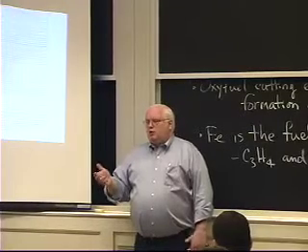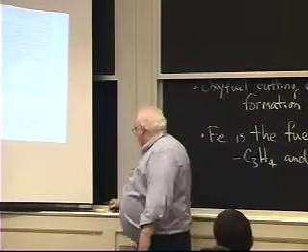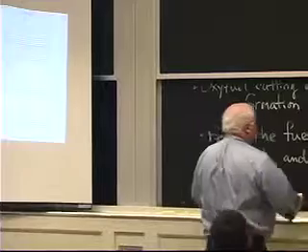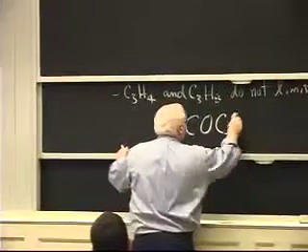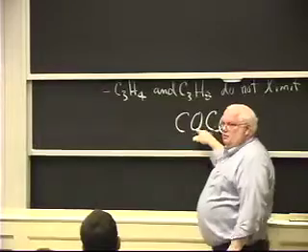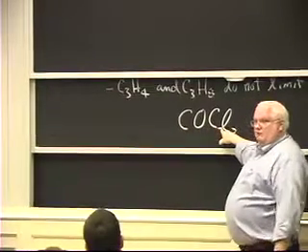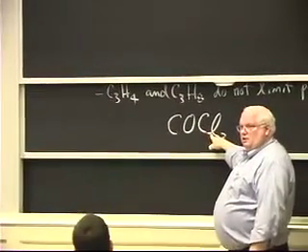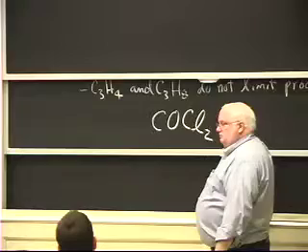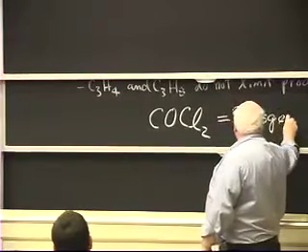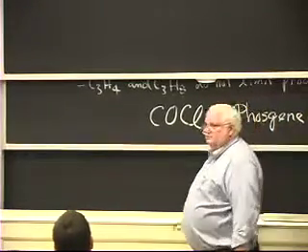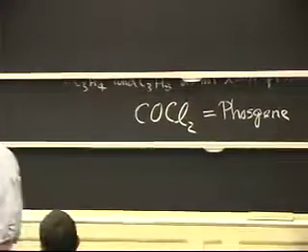You should not weld over those, because you get a gas where the carbon comes from the steel, the oxygen comes from the air, and the chlorine comes from the chlorinated hydrocarbon. Anybody know what this gas is called? Phosgene, one of the poisonous gases used in World War I.